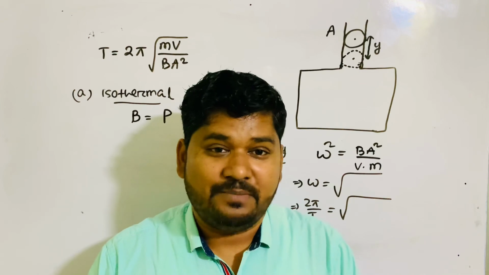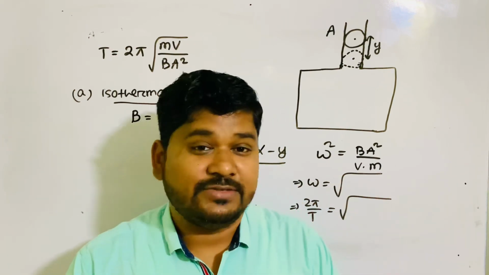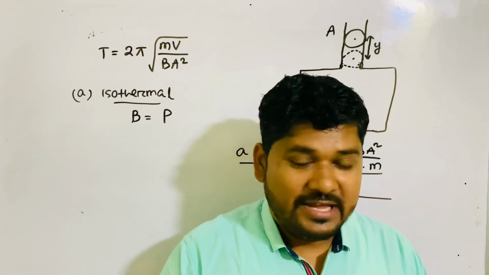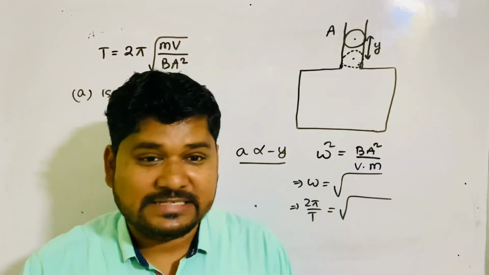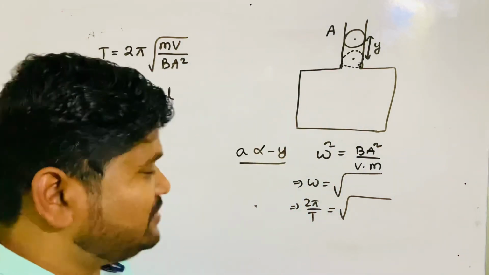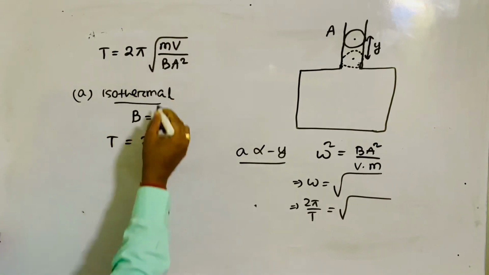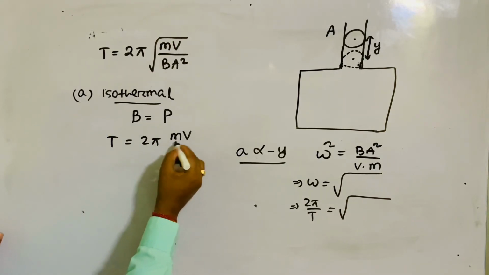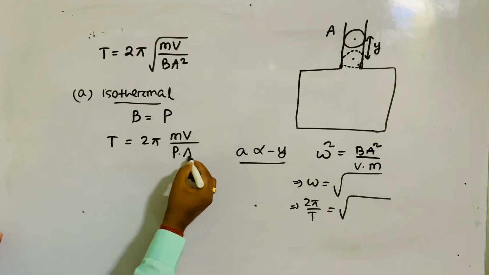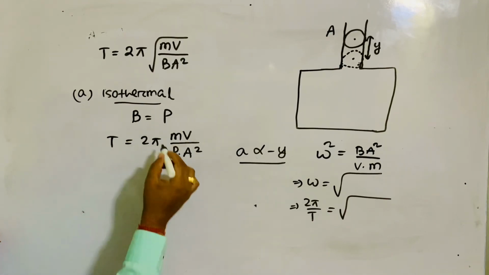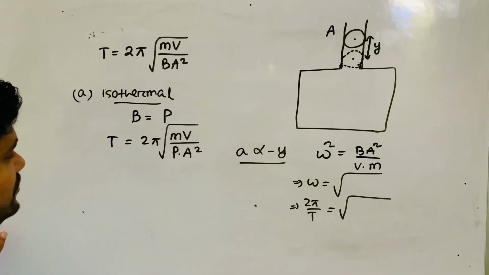In the wave chapter, bulk modulus is equal to pressure in an isothermal process, in Newton's formula and Laplace's correction. I directly put P in place of B. So T is 2 pi root over M into V by P A square.